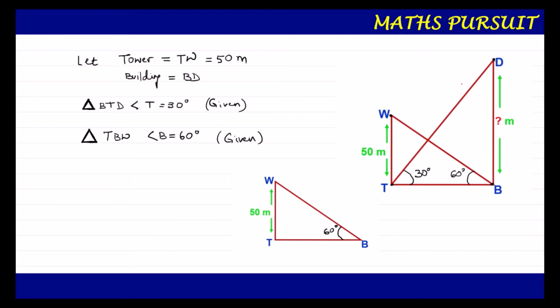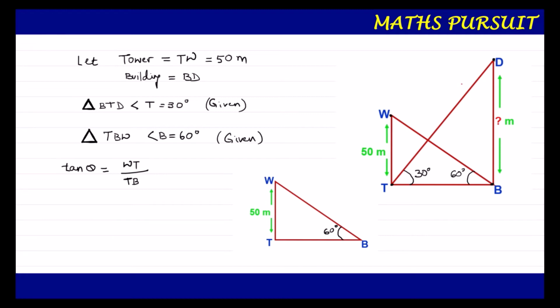Now let us apply the trigonometric formula, that is tan theta, on the triangle with the 60 degree angle. So tan theta is equal to, if you look at this diagram, WT by TB. We know that tan theta is equal to the opposite side of angle theta upon the adjacent side of angle theta.